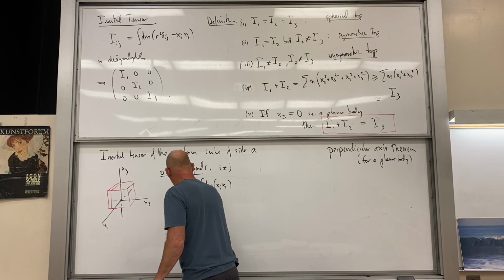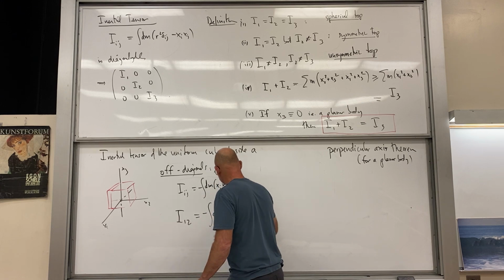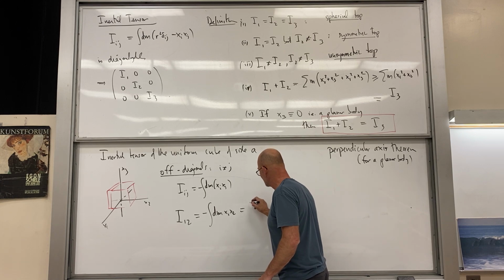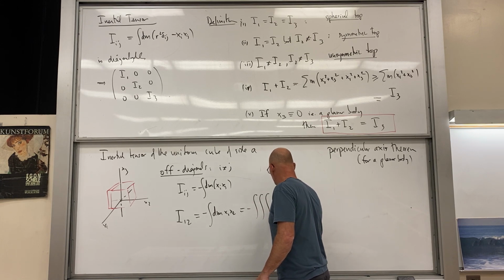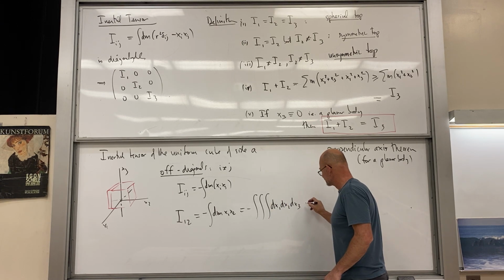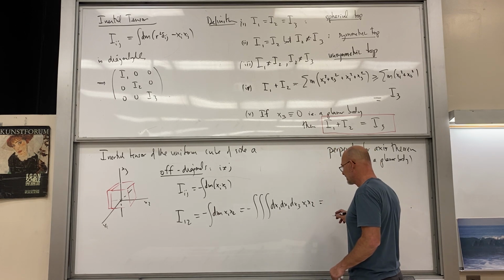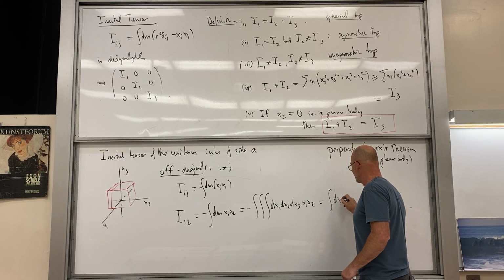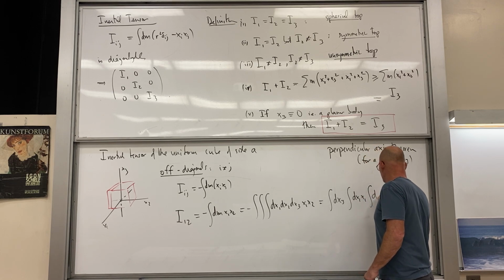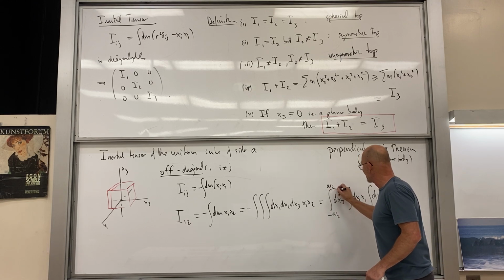We want I sub 1 2, minus dm x1, x2. You've got minus dx1, dx2, dx3, x1, x2. So the point being, we've got dx3, then we've got dx1, x1, dx2, x2. And all of these are from minus a over 2 to a over 2.